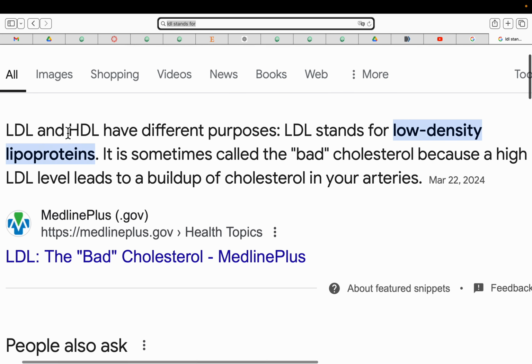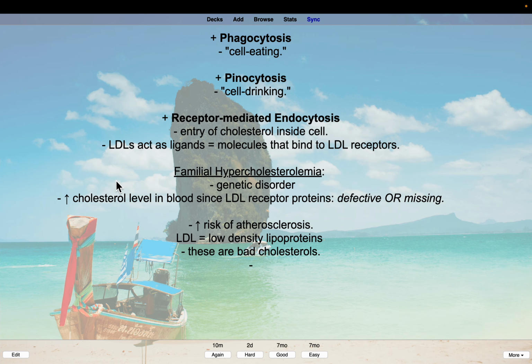Okay. Low density lipoproteins. I know this is not healthy either. It's not a good kind of cholesterol. In particular, we have familial hypercholesterolemia. This is a genetic disorder.